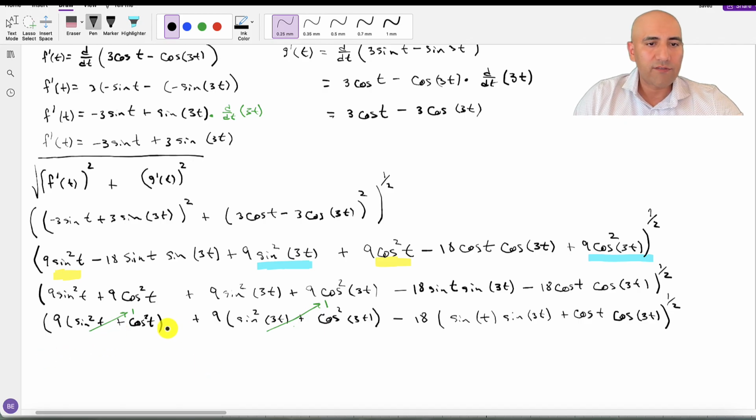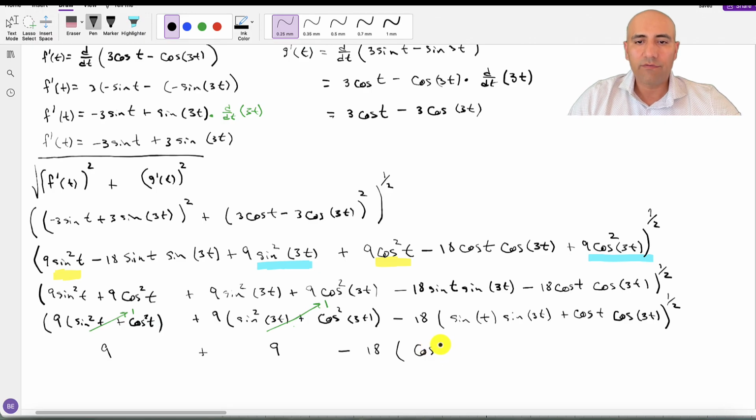So this simplifies to just 9 plus 9 minus 18. And now everything's being added, so I'm just going to switch them around. Minus 18, and this becomes cosine of t, cosine of 3t, plus sine of t, sine of 3t.